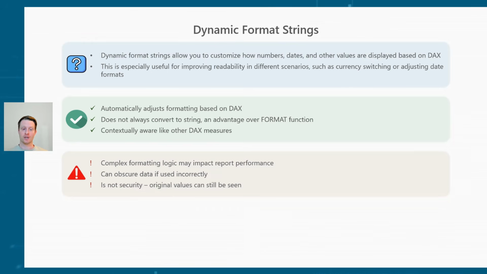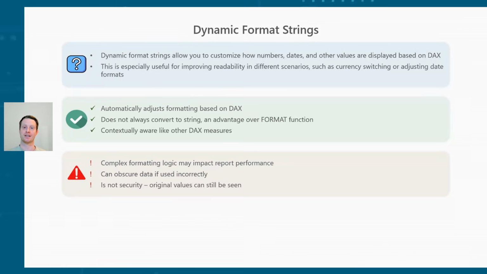Now, be careful because complex format logic may impact report performance. Imagine that if I have a dynamic format string turned on and I'm using a DAX measure, every time I use this measure in something, it's got to calculate two separate DAX measures to return one value, because it has to return the underlying value, then it has to return the format string.